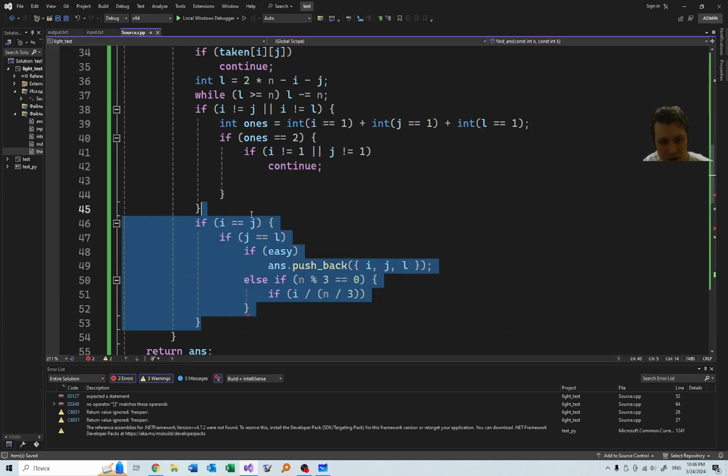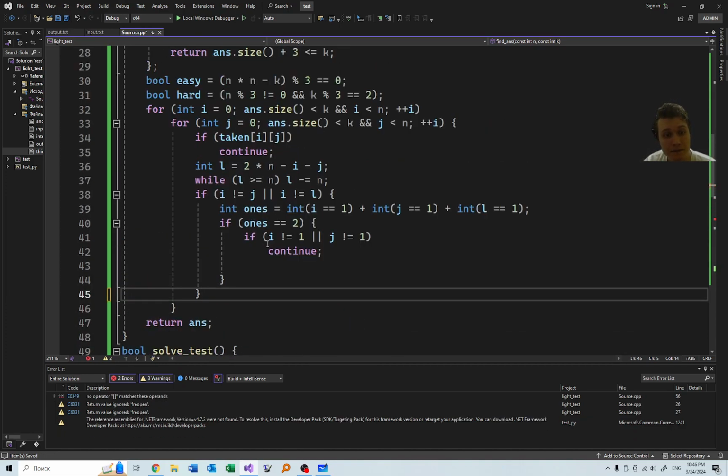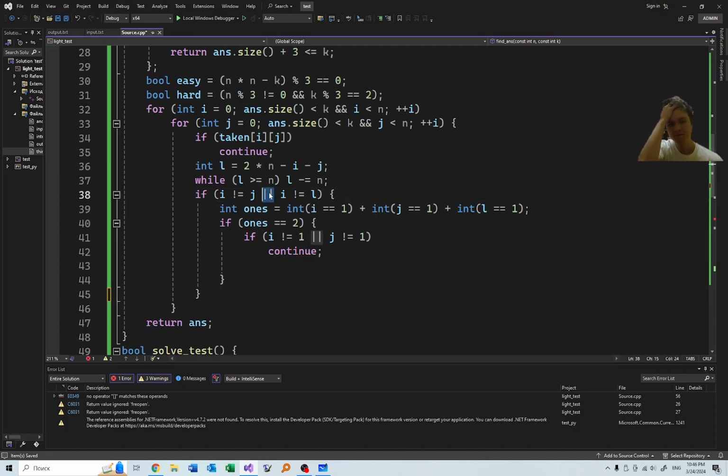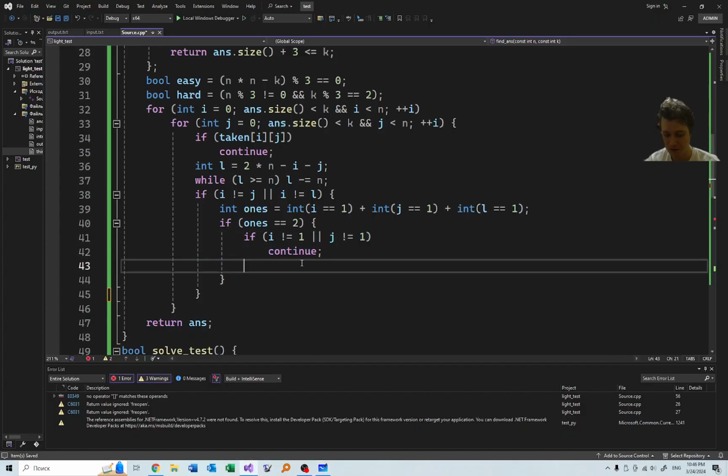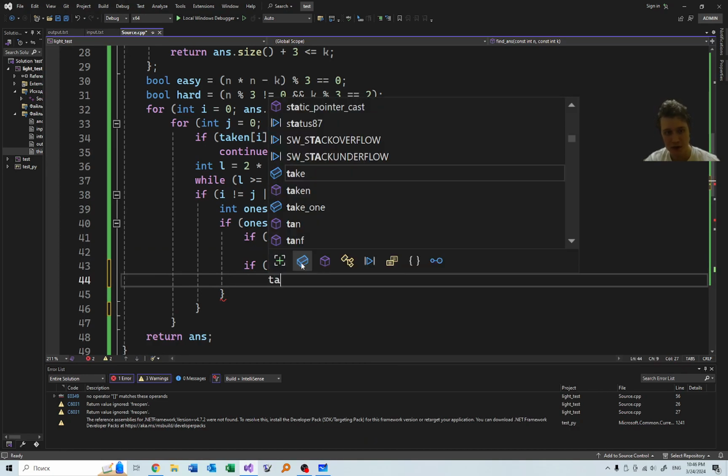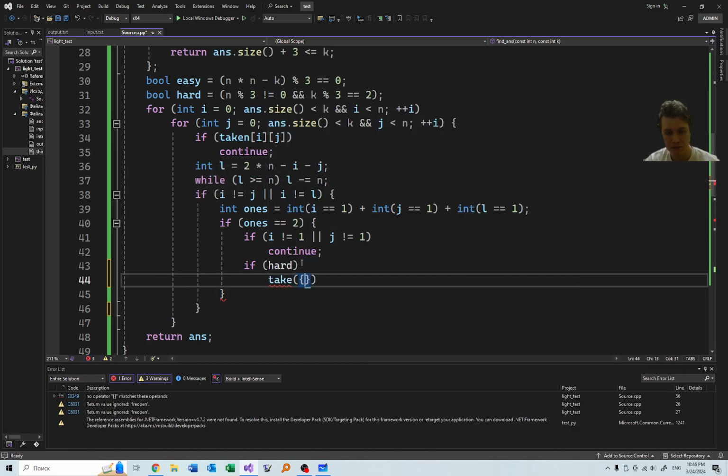Okay, I don't want this. So I have two ones. In this case, I need to ignore it if I have a hard case. Yeah, so if hard, then I need to take triple 1 1 1.